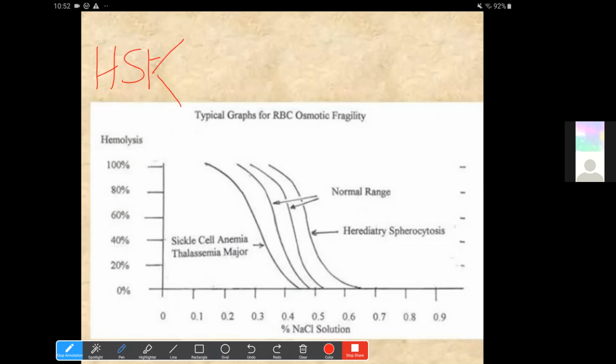These stomatocytes are leaky to cations, and the cations that leak out are the sodium and potassium.